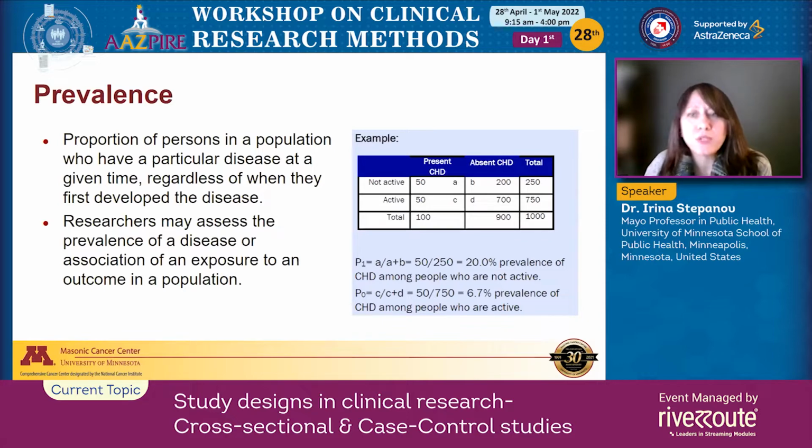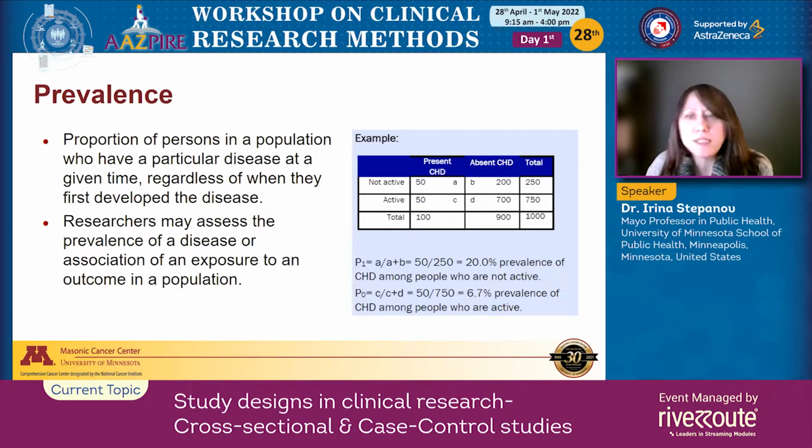Incidence refers to the number of new cases that develop in a given period of time. But in cross-sectional studies, researchers typically describe the distribution of variables in a population. So they may assess the prevalence of a disease or association of an exposure to a certain outcome in a population.